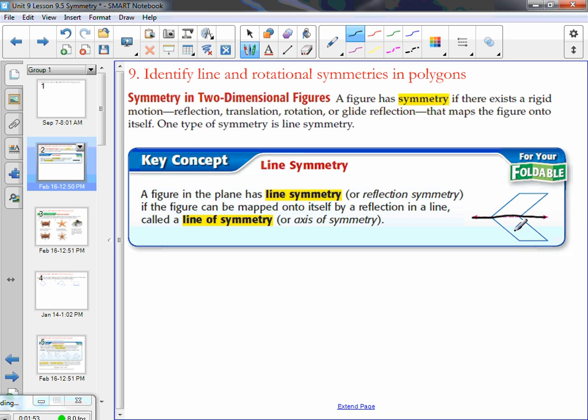The top reflects and becomes the bottom, and the bottom reflects and becomes the top. So a reflection maps the figure onto itself, so it does have line symmetry, and the line of reflection, the red dotted line there, can also be called the line of symmetry. Any questions?